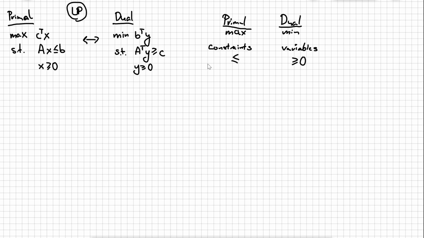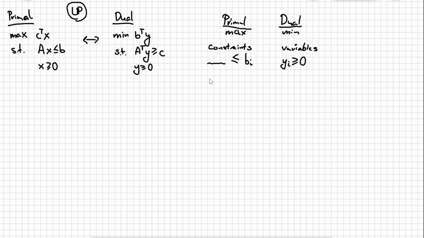So if a constraint is something less than or equal to bi, then the corresponding variable yi will be greater than or equal to 0. This is what we see here. There are less than or equal constraints, all of them. Therefore, the y variables are all non-negative.